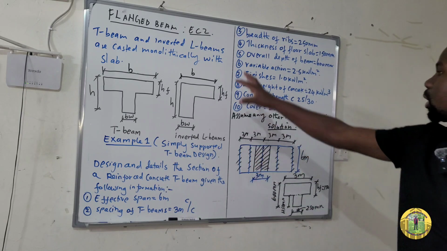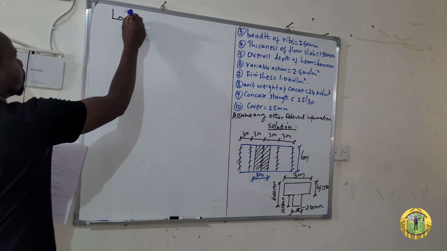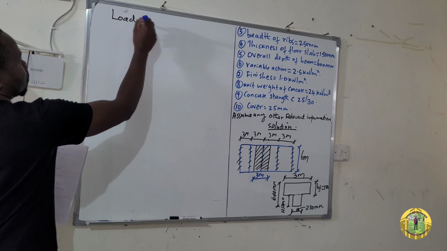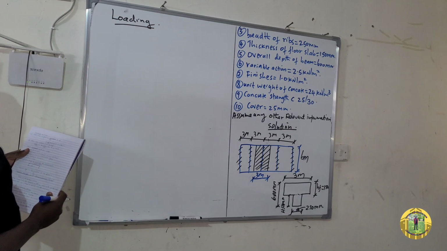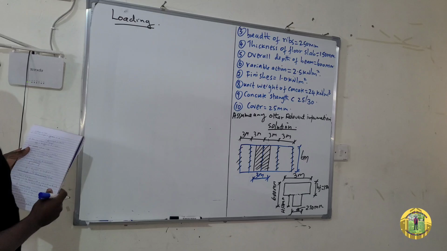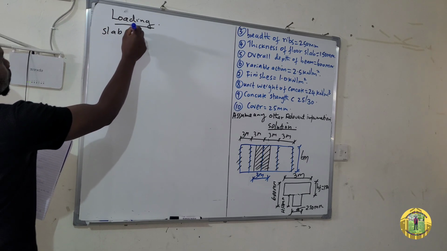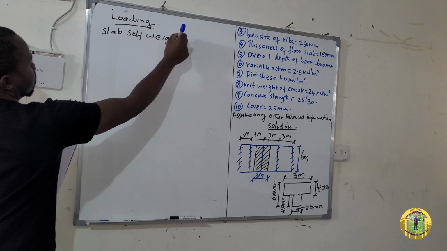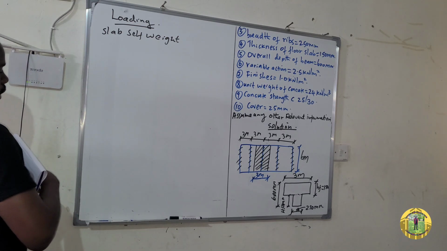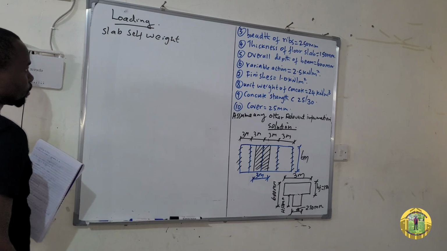So allow me to clean here. We start with loading. So loading on the beam, we'll start by slab self-weight. The slab self-weight is calculated as follows.